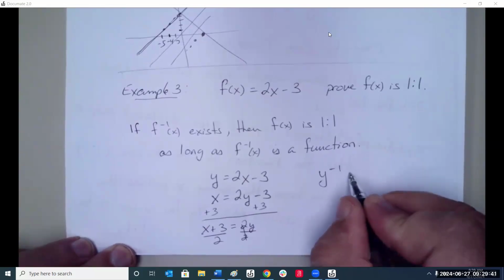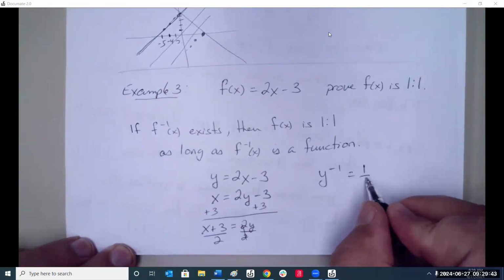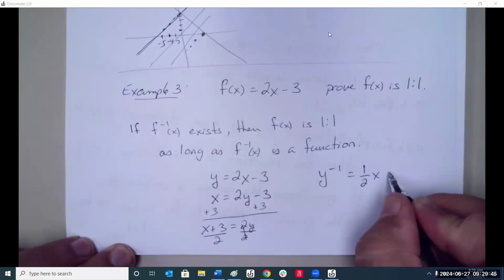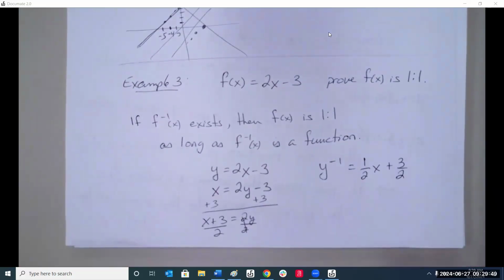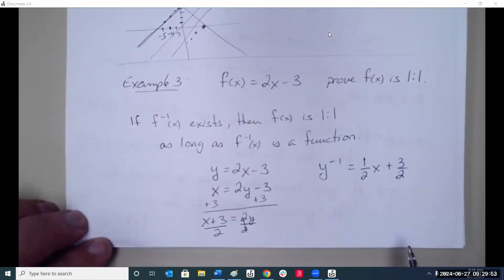So the inverse is 1 over 2 x plus 3 over 2. Is this a function? Yes, it's linear.